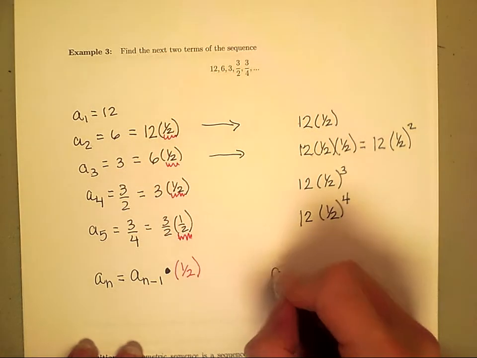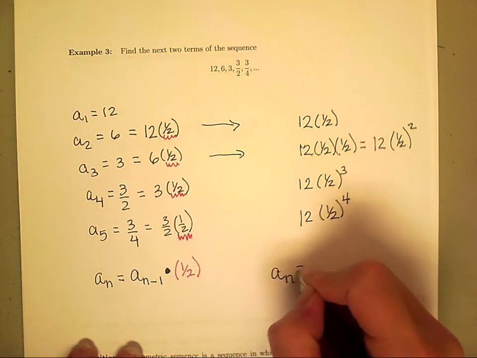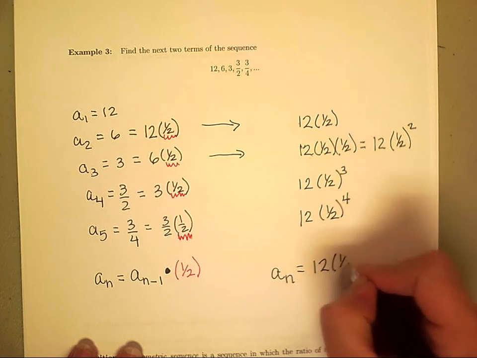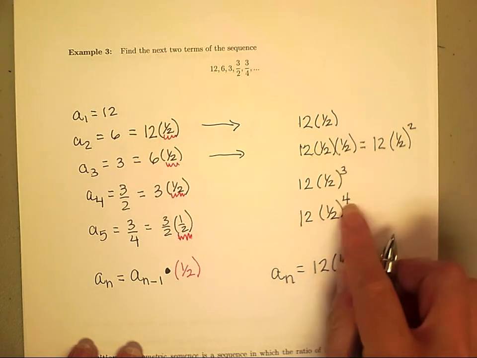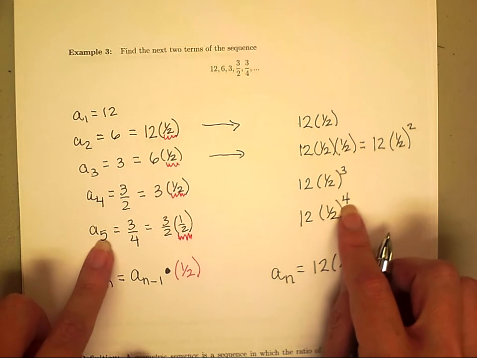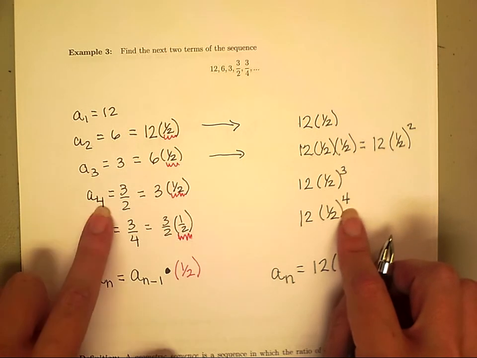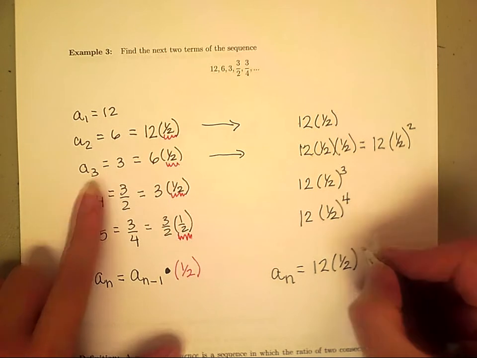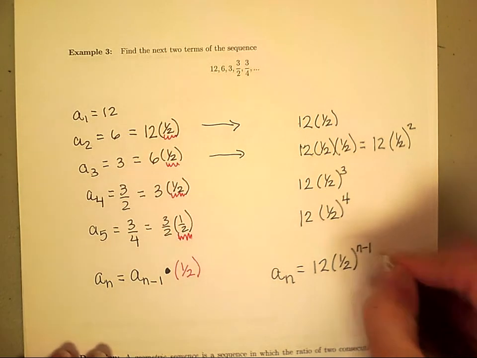So another way for us to write what generates this, a sub n, is equal to 12 times that ratio 1/2. Now the question is to what power? So again we'll look. N here is 5, this is 4. N here is 4, this is 3. N here is 3, this is 2. So really it's to the n minus 1 power.